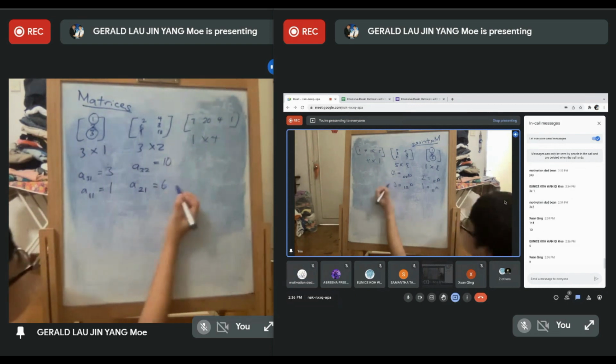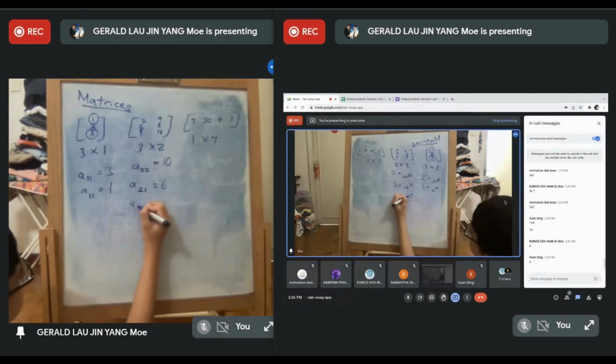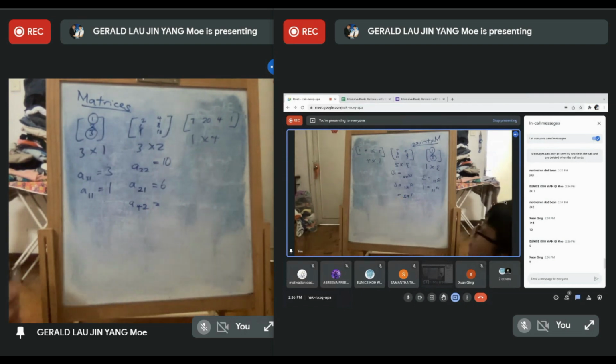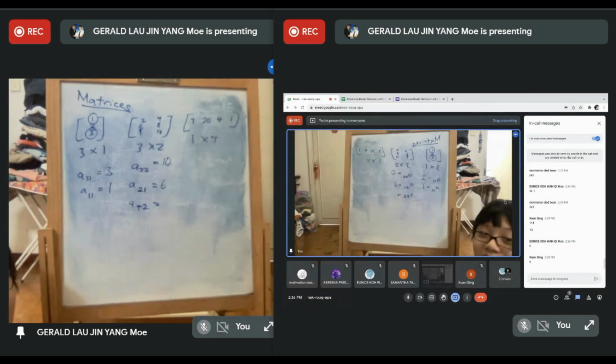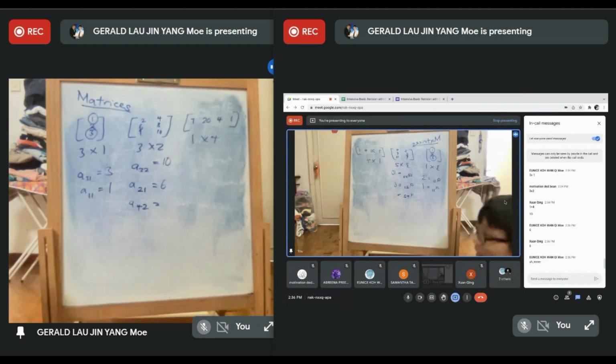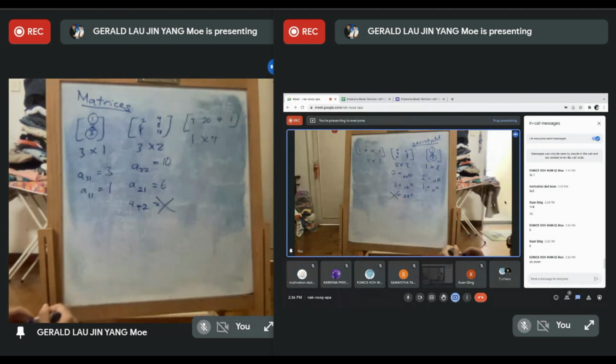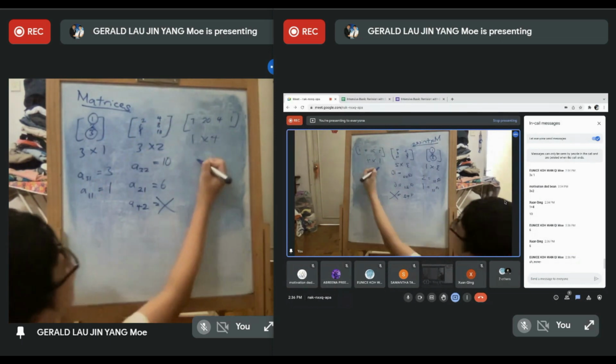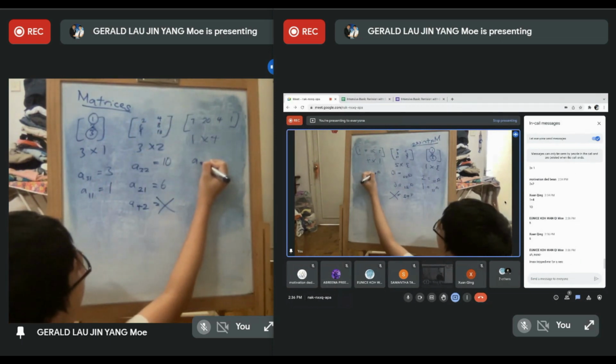Good. A21 is 6. How about A42? None. Yes. It doesn't exist, because there are only 3 rows and 2 columns. Okay. Last one. A41.